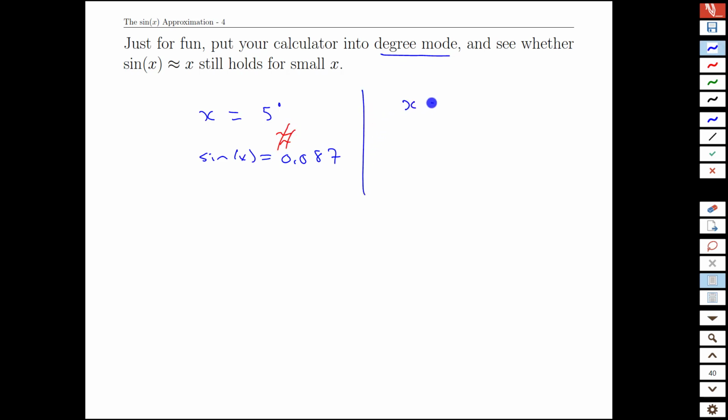Whereas if we had x equals the equivalent of that many radians, say 0.10 radians, it's around 5 degrees, and you do sine of x with radians, then you get a value that does match correctly. Sine of 0.1 is 0.0998, which is awfully close to 0.1. So these guys are a good approximation. If you're using degrees, this makes no sense whatsoever. So you just have to be very careful about the units, as always, in the calculations.